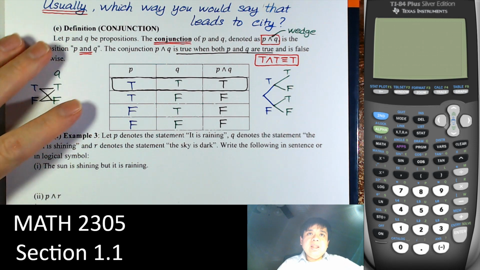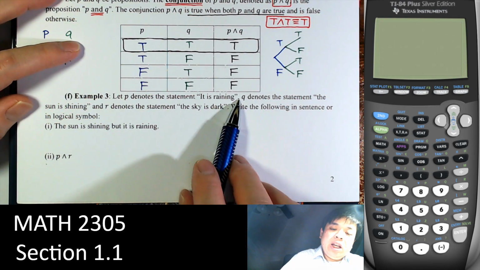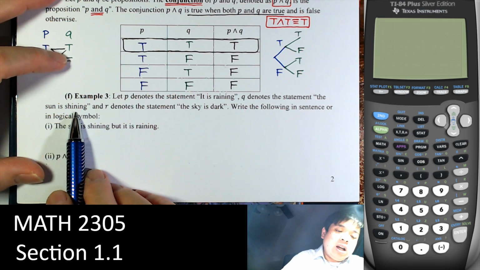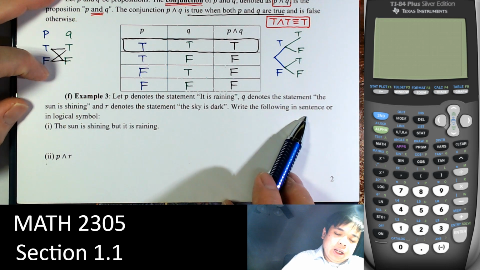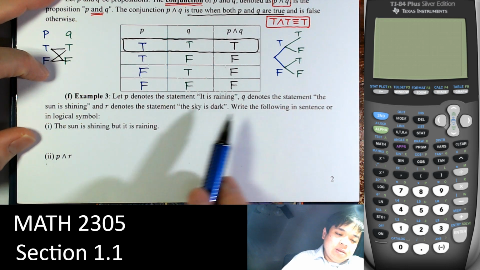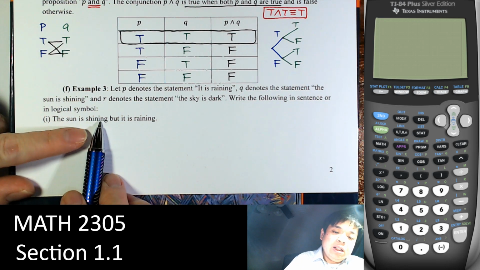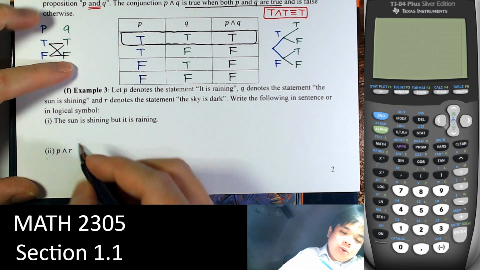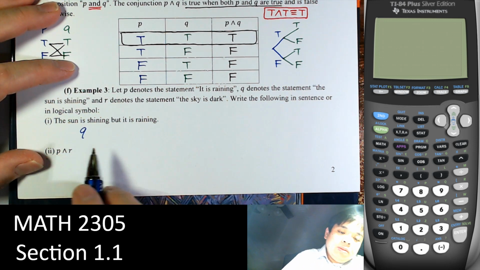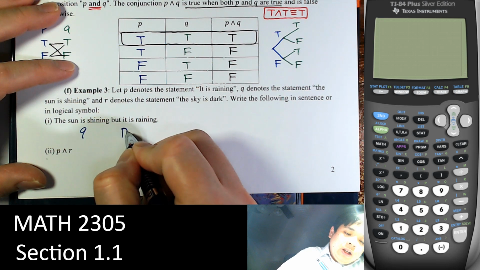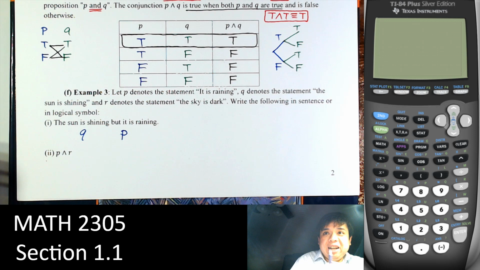Right. Let's look at some examples here. Let P denote the statement it is raining, Q denote the statement the sun is shining, and R denote the statement the sky is dark. What is the following sentence in logical symbols? The sun is shining, so that is Q, but it is raining, P. Even though we say but, in fact it could be anything.